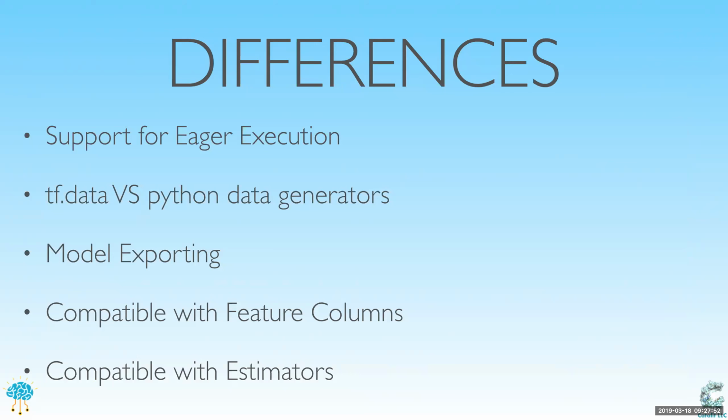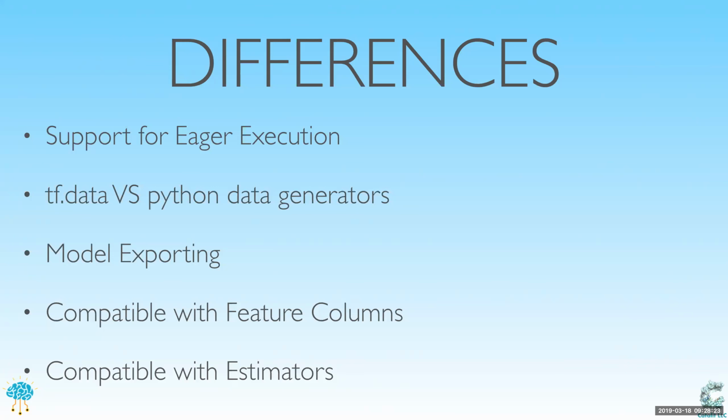The way we pass the data to a Keras model is slightly different in the two versions. In TensorFlow Keras, we can access the TensorFlow data module and therefore have a very tight integration between the data feeders and the model. Whereas in Keras, the way we can pass data to a model is through Python data generators, which are a bit slower.